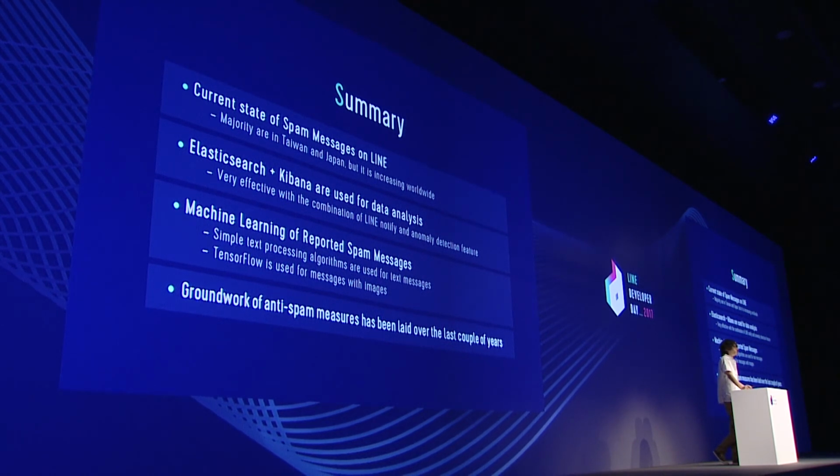And so to summarize, I have introduced the current state of spam messages, and we've also highlighted that spam messages are increasing all over the world. And for the analysis, we use Elasticsearch and Kibana. And we also use alert tools to counter these spam messages. So what we're doing right here is not for the data analysis.